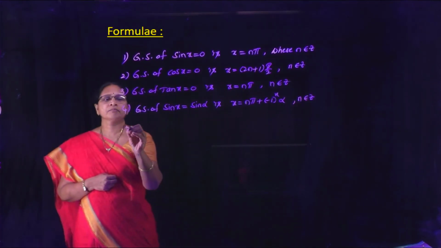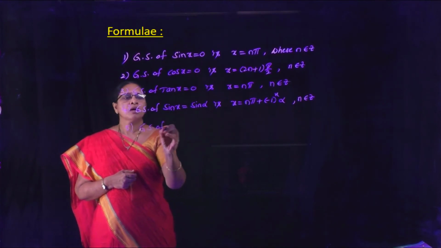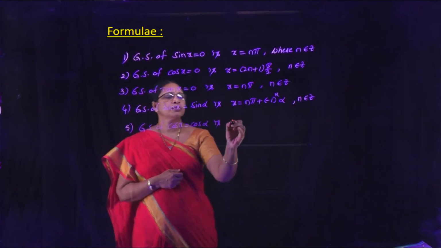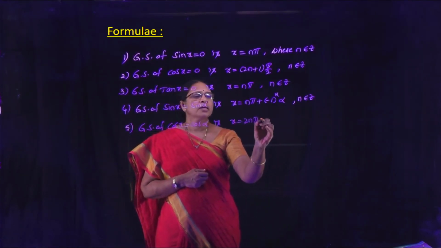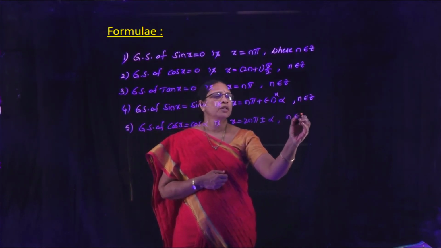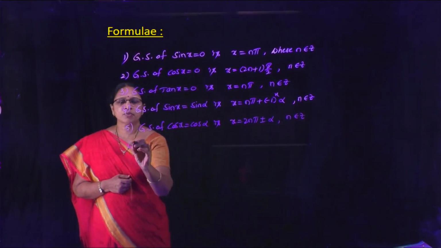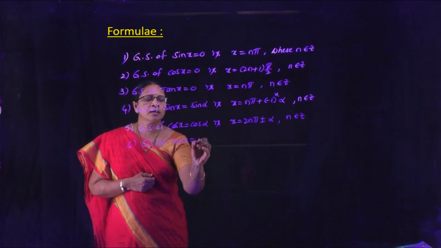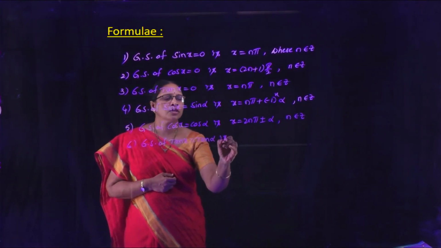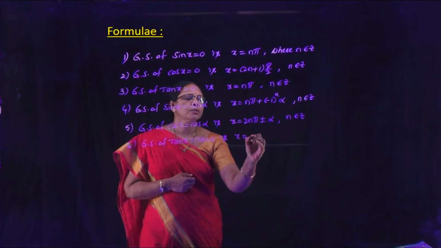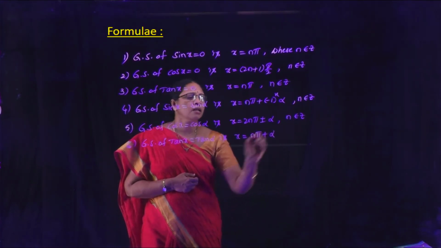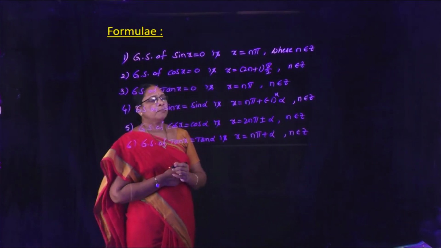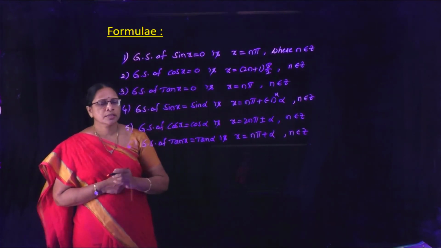Fifth one, general solution of cos x is equal to cos alpha is x is equal to 2n pi plus or minus alpha, where n belongs to z. Next, sixth one is general solution of tan x equal to tan alpha is x is equal to n pi plus alpha, where n belongs to z.